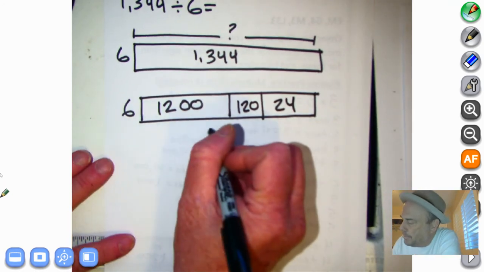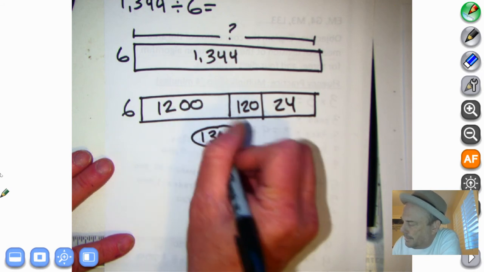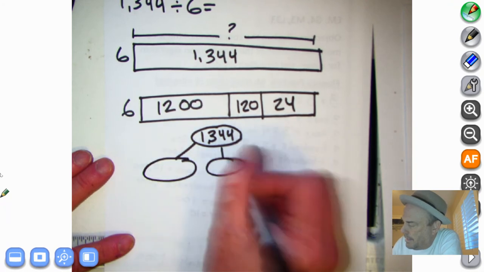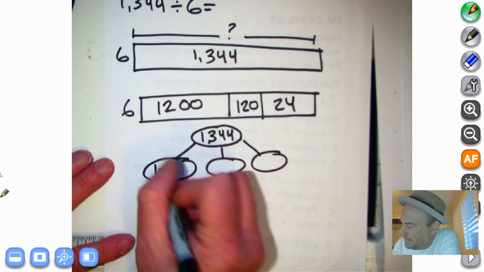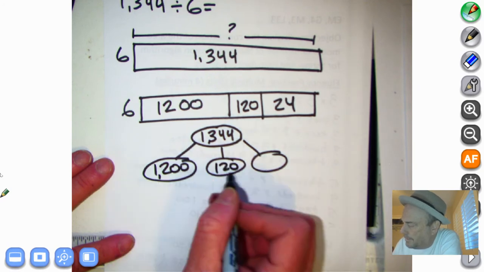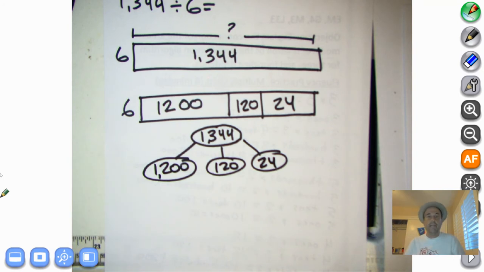So let's go ahead and make our number bond. My name is Bond, number bond. 1,344. So we have 1,200. We have 120. That makes 1,320. And then we have 24, which makes 1,344. Bingo.